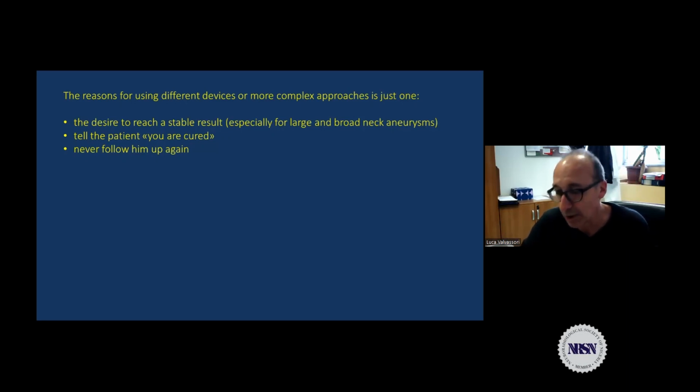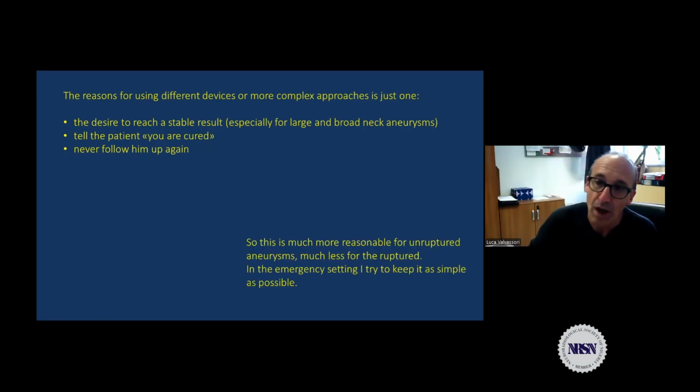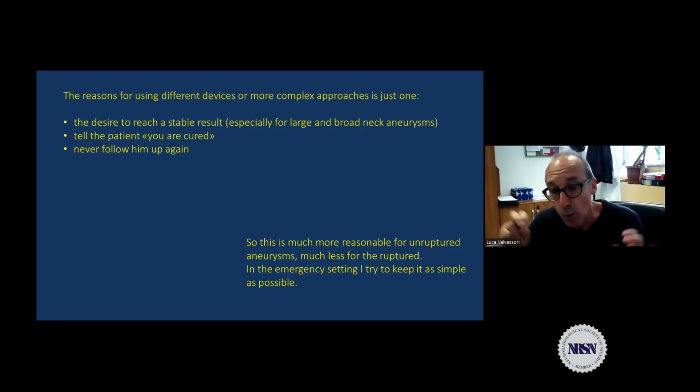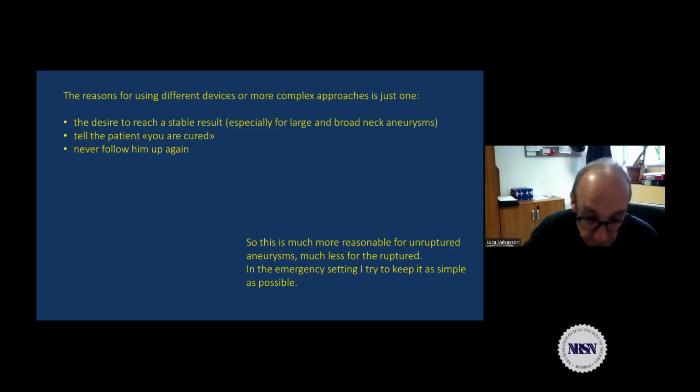So because of that, because of certain recommendations, the companies produced some additional devices. But this makes much more sense for unruptured aneurysms, because as I said, for unruptured aneurysm, we want to have a good result forever.